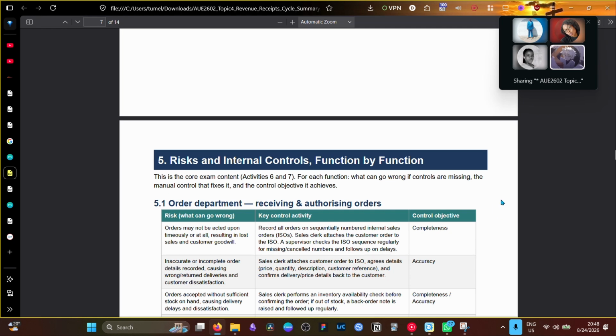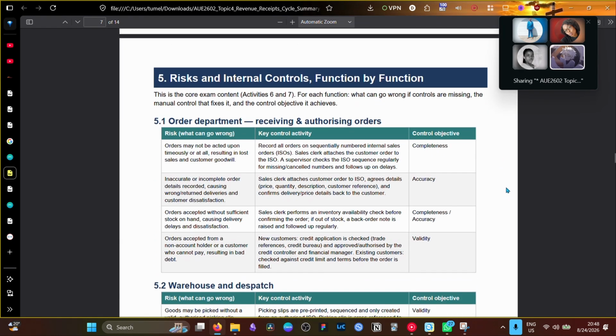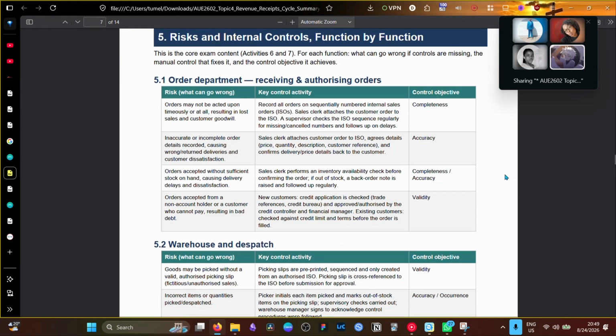Risks and internal controls, function by function. To be honest, you might look at 5.1. So what are we looking at here? First of all, this is very examinable. Everything is very examinable, but more specifically, they ask around risks.